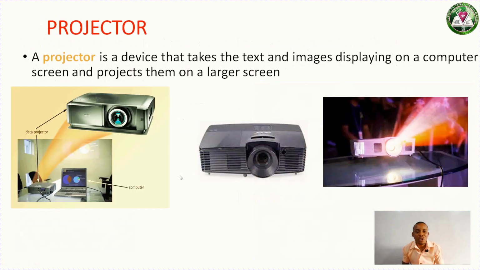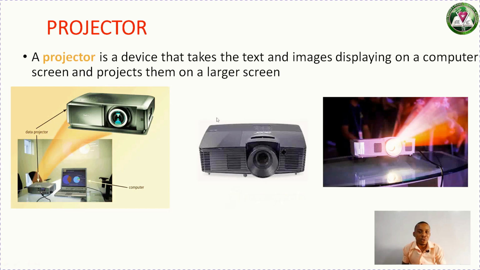Okay, the projector is another example of an output device. We say that a projector is a device that takes the text and images displaying on a computer screen and projects them on a larger screen. Take for instance, in school, when we want to learn computer science, we normally use a projector to project it on the wall so that those at the back can be able to see it.